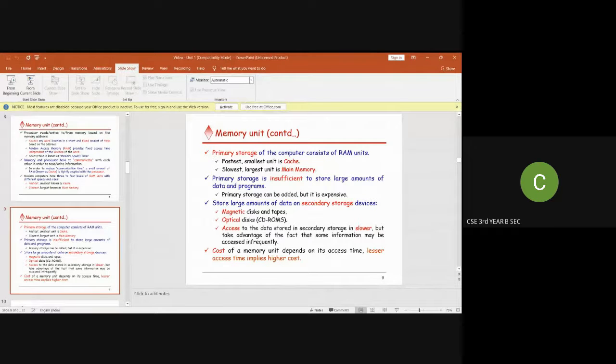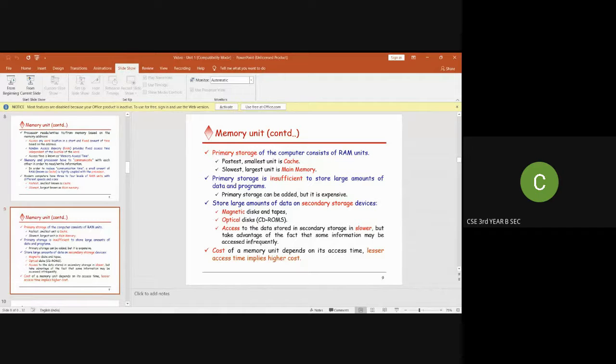Primary storage is insufficient to store the large amount of data and programs. So in order to store a huge volume of data, the primary memory alone is not enough. So we are going for the secondary memory.